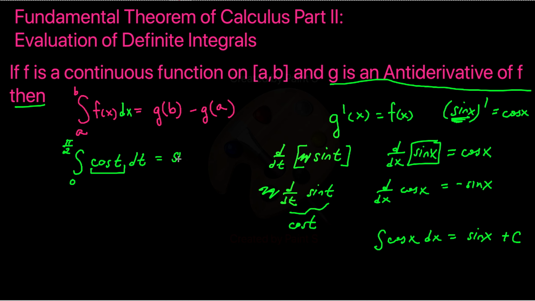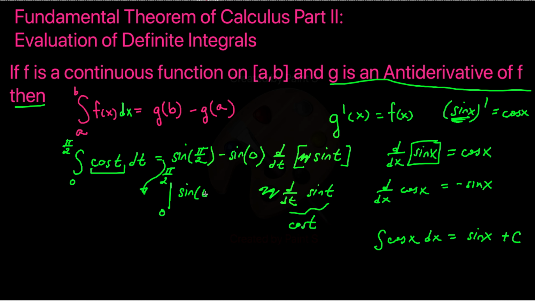So that means that this is sine of the b value, which is pi over 2, minus sine of the lower bound, which is 0. And I could write this in an extra step. I sometimes and often will. I forget about writing the integral as that squiggly, and I put it on its bounds, and then I deliberately say the antiderivative.